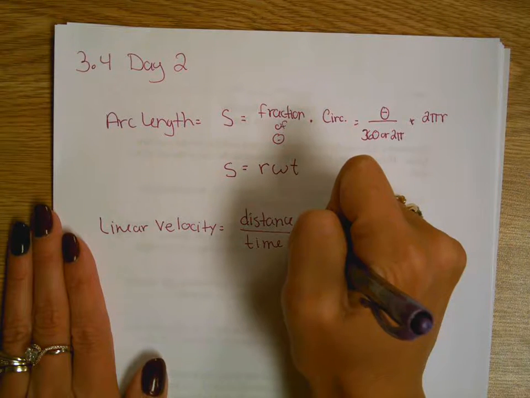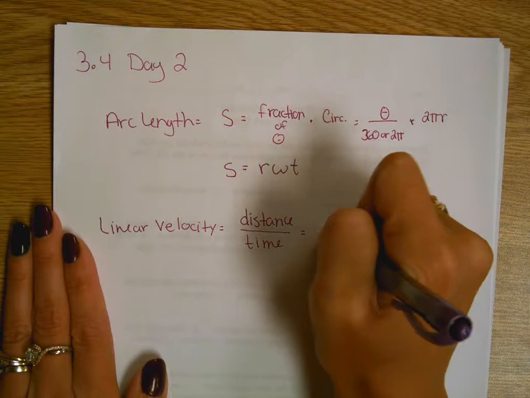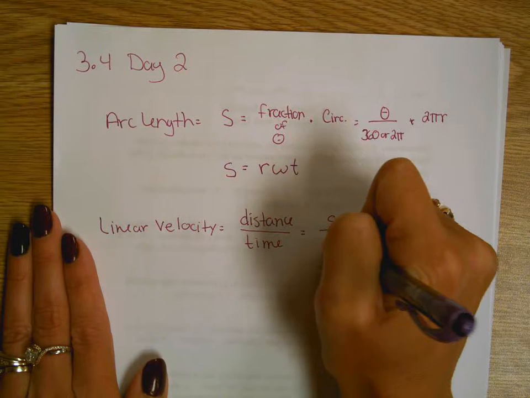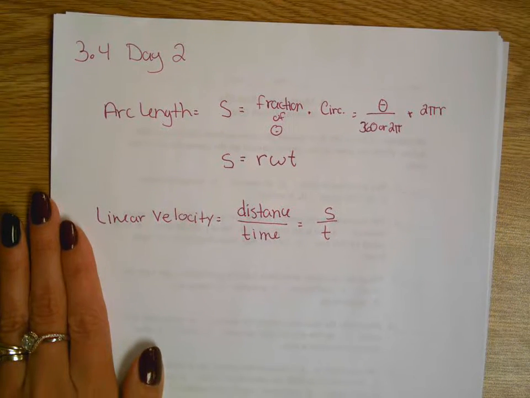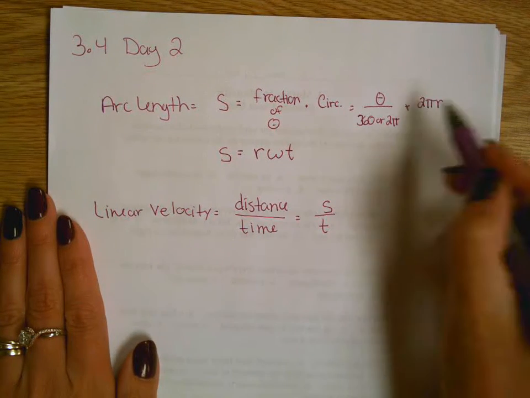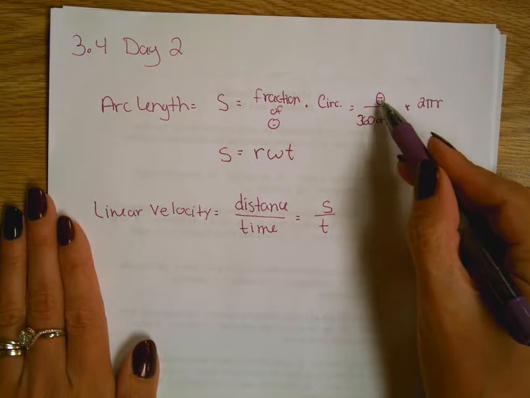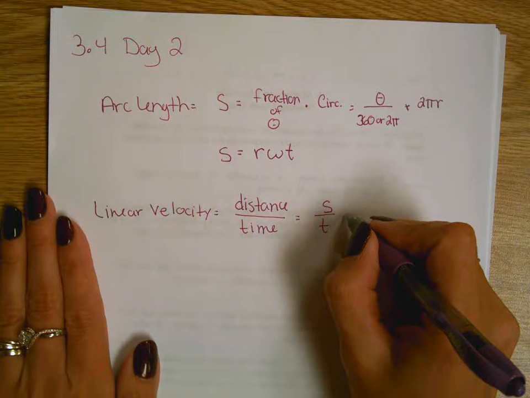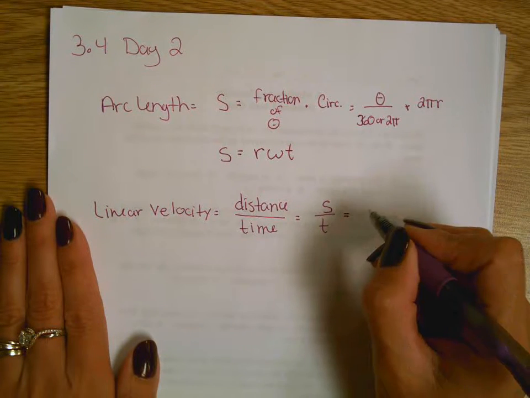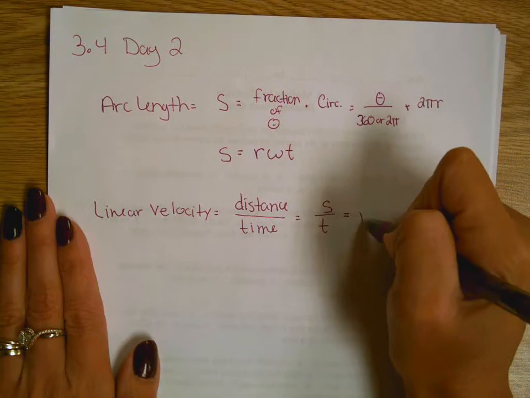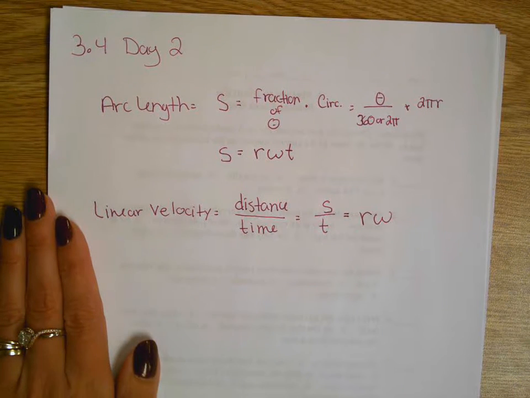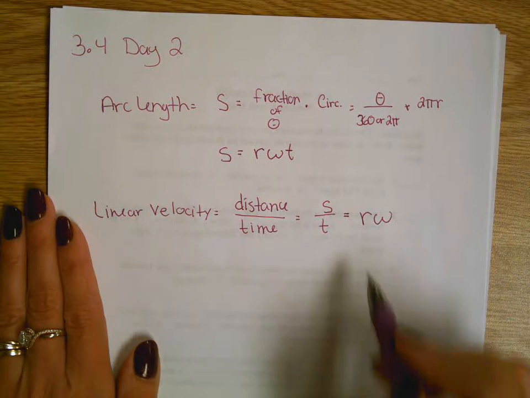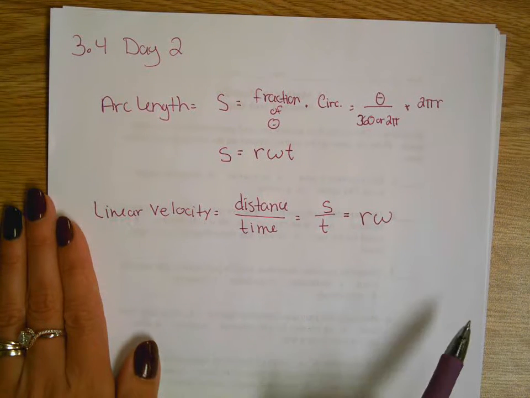So our distance is S divided by T. And S is this stuff up here, your fraction times the circumference, and we'll divide all that by time. We also had a second formula, which was r omega. Depending on what information is given, depends on which formula we're going to use.